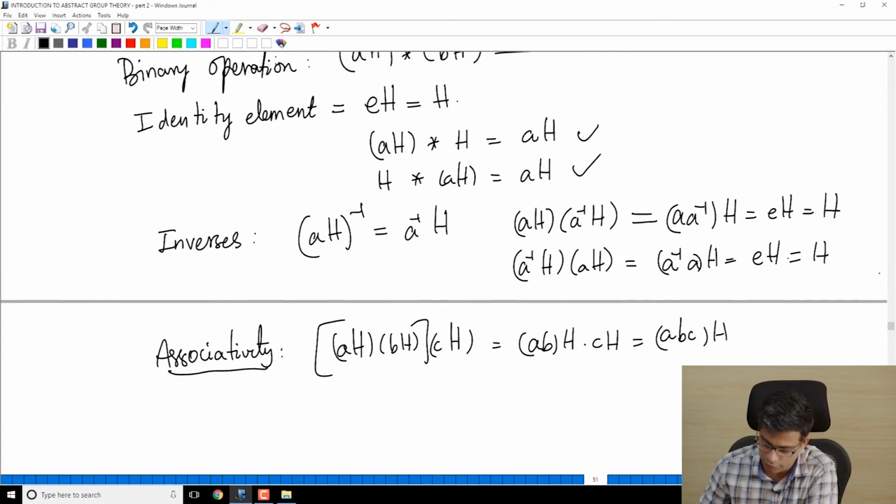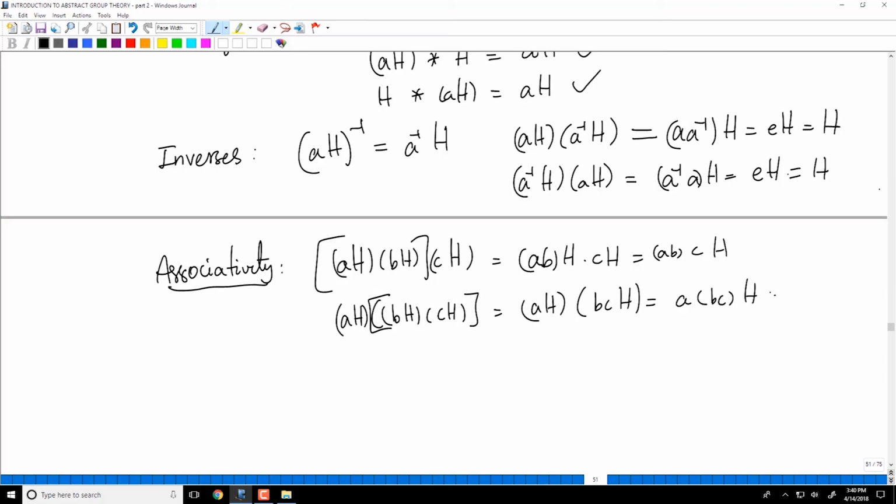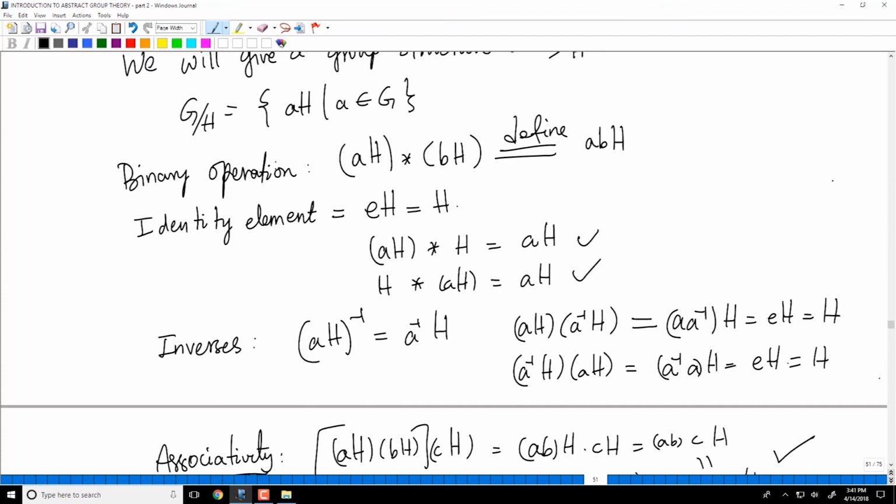If there is no star, I am just multiplying using this definition. So abcH. On the other hand, what is aH times bH times cH? This is aH times bcH, which is a times bc times H. Really what I should write here is ab times c, here I have abc times H. But these are equal because ab times c is a times bc. So associativity is also clear.